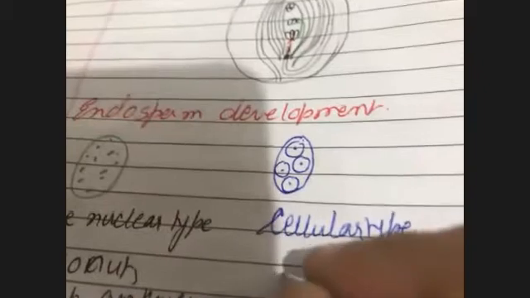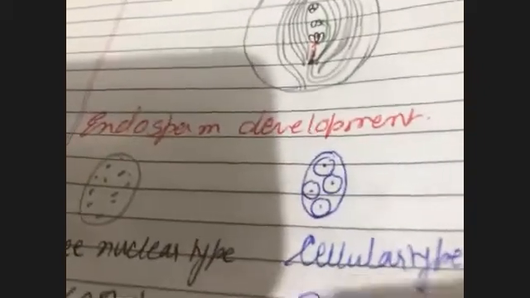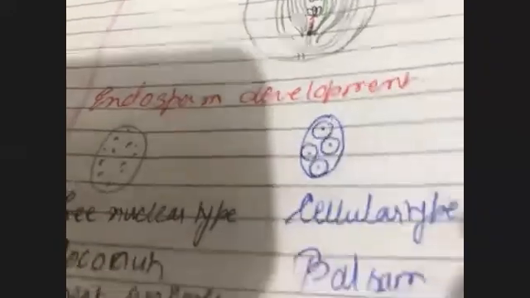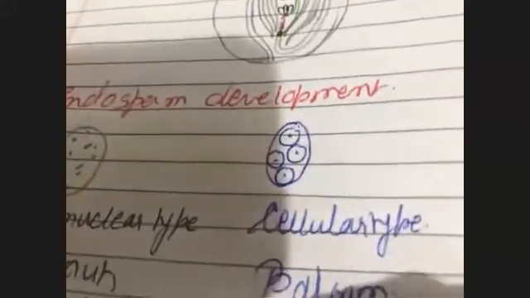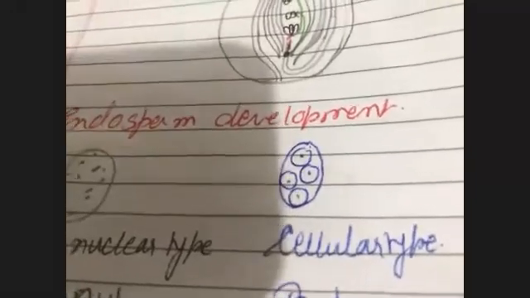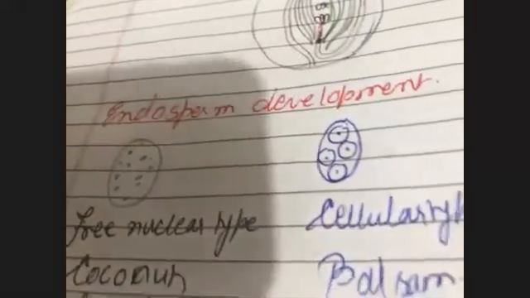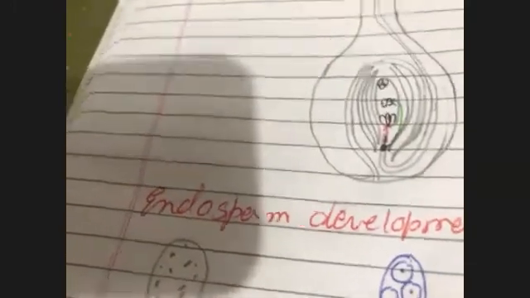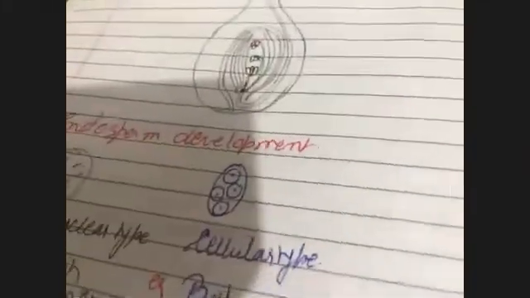This cellular type of endosperm is observed in the case of balsam or petunia. The third type is, it is dividing first into 2.